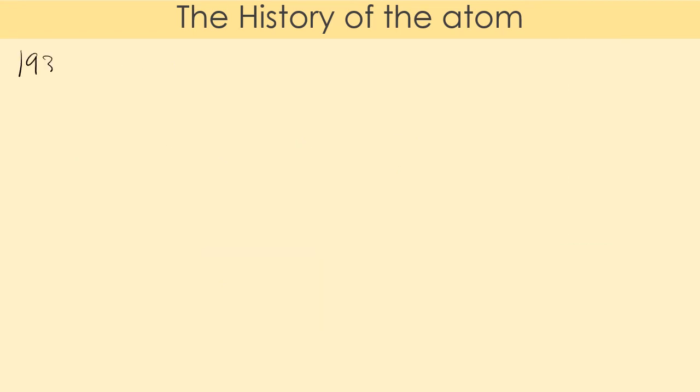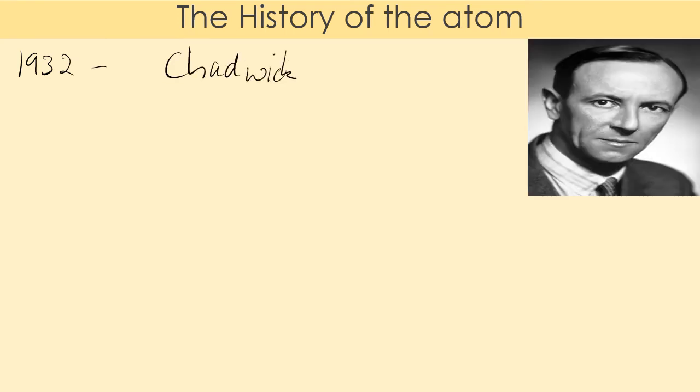We now come forwards to 1932 with this guy called James Chadwick. There he is there, again, no moustache. And James Chadwick discovered the neutron. Now you may be thinking, how do all of the protons within an atom stay together when they're positively charged and they should repel each other? It's all because of the neutrons.